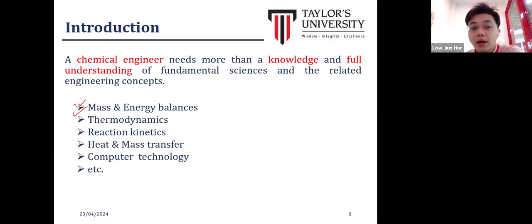Later in your chemical plant design, you also have to know how to apply the suitable reaction kinetics knowledge that you learn in CRE, chemical reaction engineering, in order to determine the suitable reactor that you are going to use to carry out the chemical reaction that you want in your chemical plant.